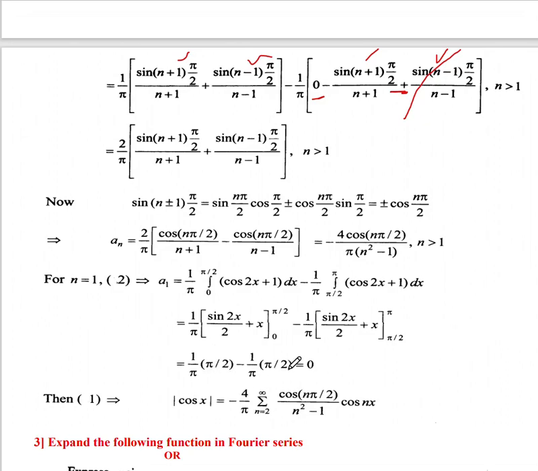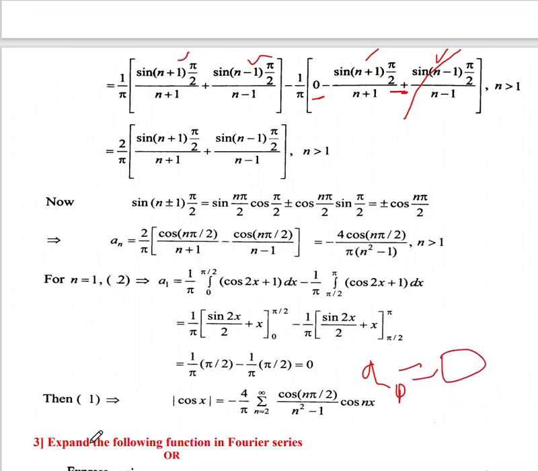Minus the second term, π/2 as it is, minus the term 1 upon π sin 2π, so this cancels, and the only term remaining is π/2. So 1 upon π times π/2 minus 1 upon π times π/2 becomes 0. So for the value of n equal to 1, a1 becomes 0.